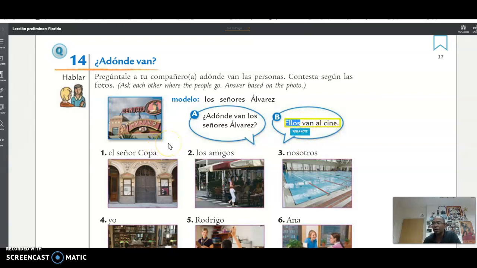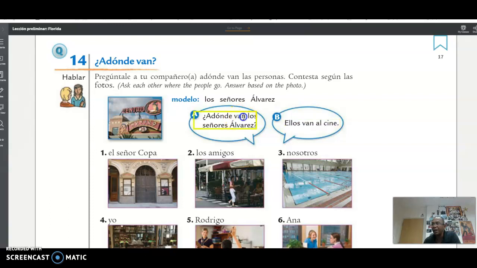So I'm going to do that with you guys, okay? El señor Copa. What does it look like? Oh, it says teatro. Teatro de la comedia. Then you're going to say el señor Copa, right? It's one person, so you say ¿a dónde? And you're not going to say van because it's only one person.